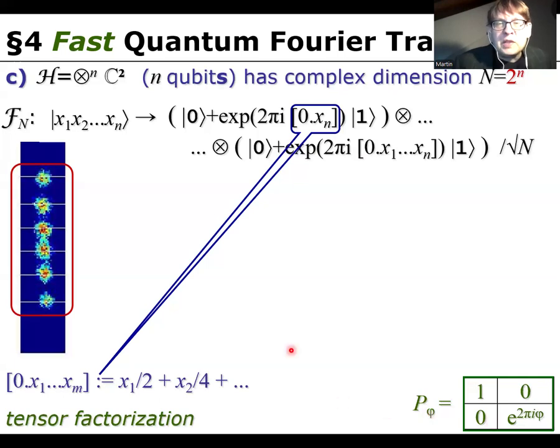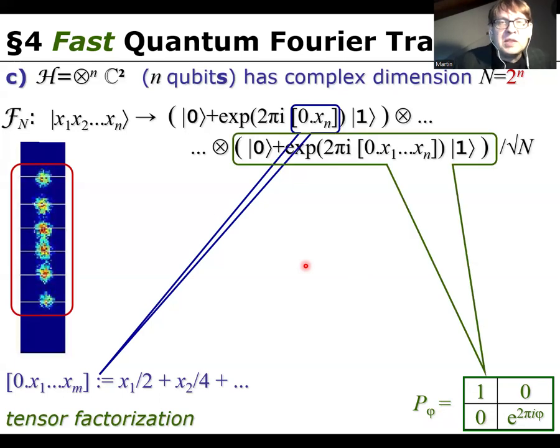A particular version of this phase gate, namely where the angles phi are negative integer powers of 2. So 1 over 2, 1 over 4, 1 over 8, and so on. Because this is exactly what occurs here. So it has this form. This is a phase change gate, right? This is another phase change gate.